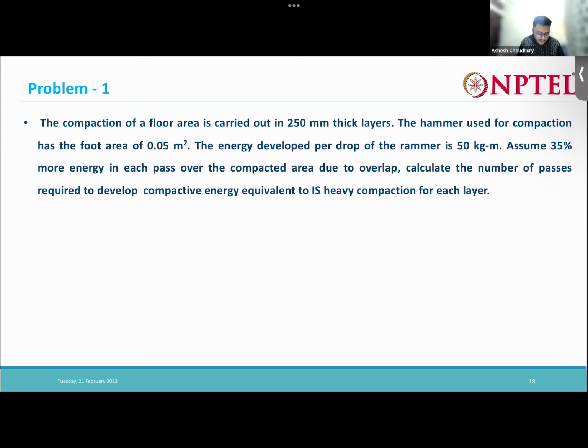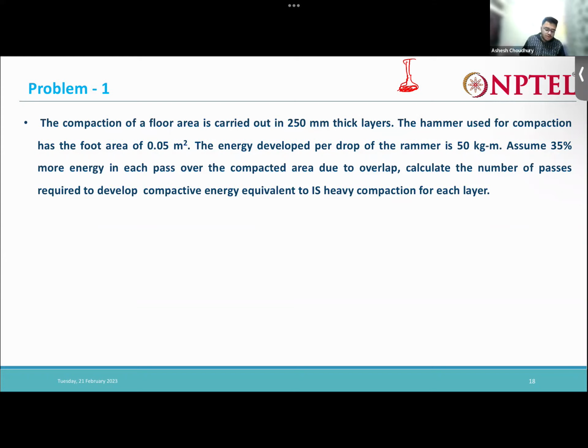The hammer used for compaction has a foot area of 0.05 meter square. The energy developed per drop of the hammer is 50 kg meter. For each drop of the hammer, that is the energy given to you.